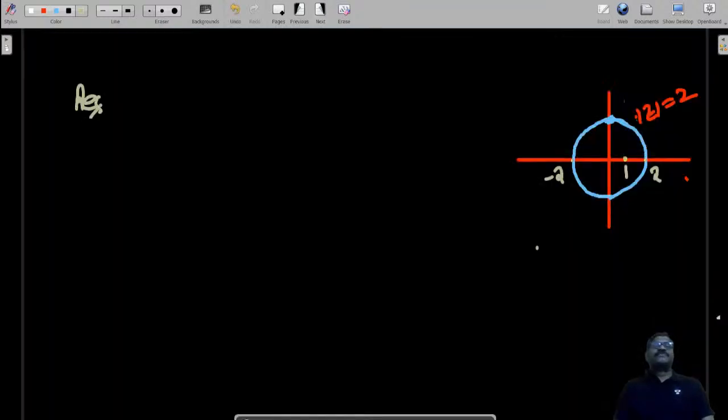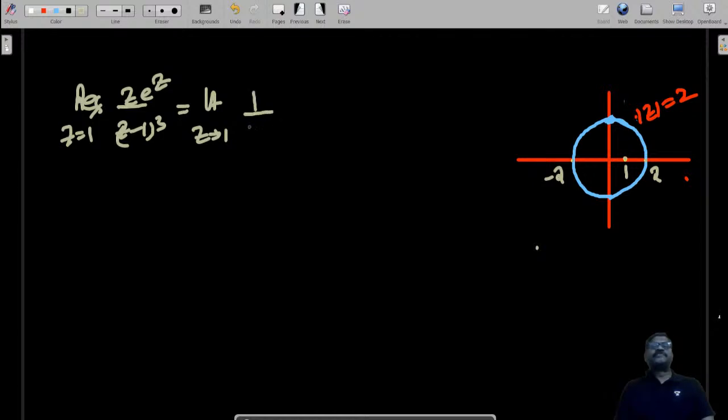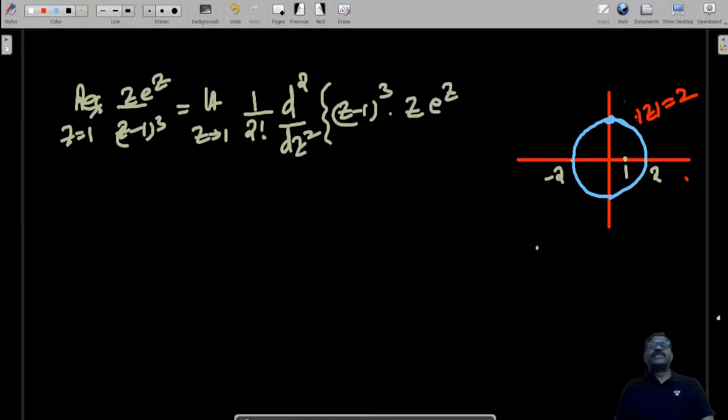The residue of z e power z by z minus 1 whole cube at z equal to 1 is limit z tends to 1 of 1 by 2 factorial d square by dz square of z minus 1 whole cube into z e power z by z minus 1 whole cube. The z minus 1 whole cube cancels.